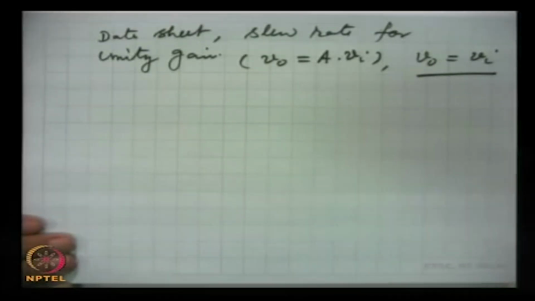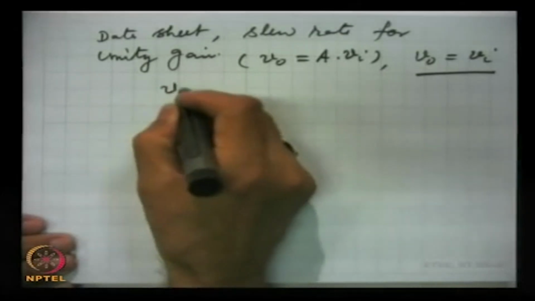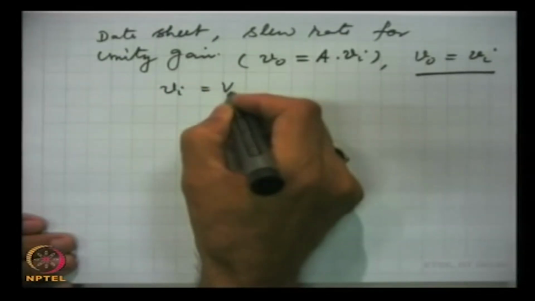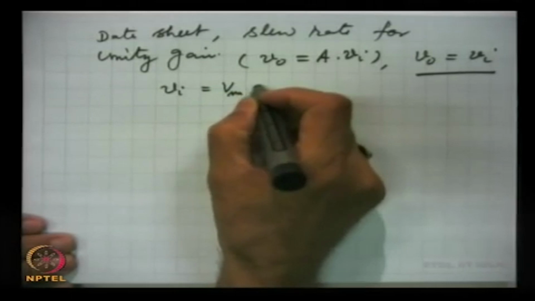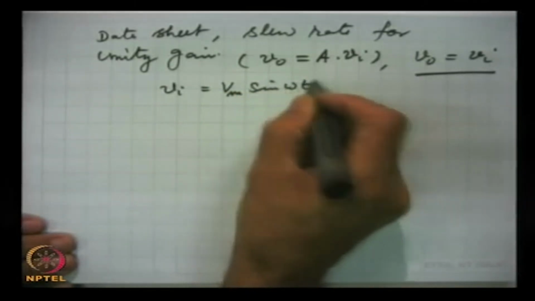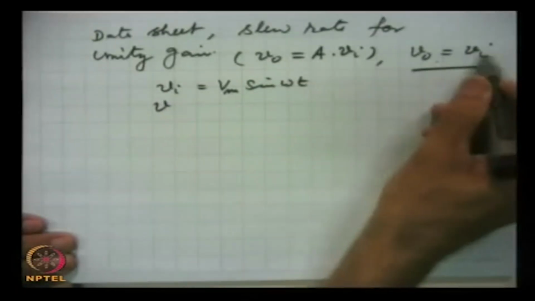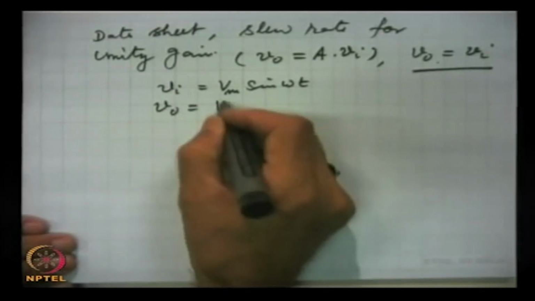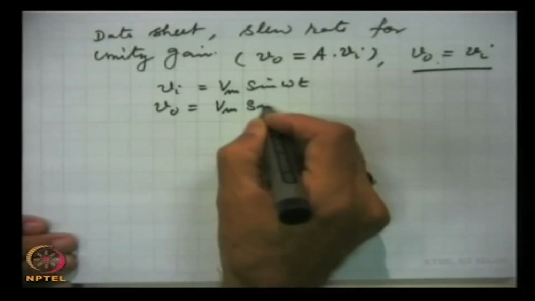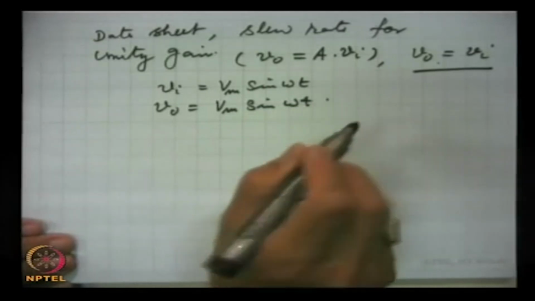So, let us take a sinusoidal signal Vi at the input with peak value Vm sin omega t, and the same output Vm sin omega t.